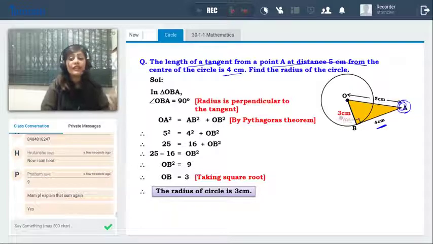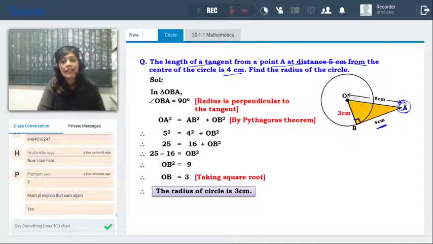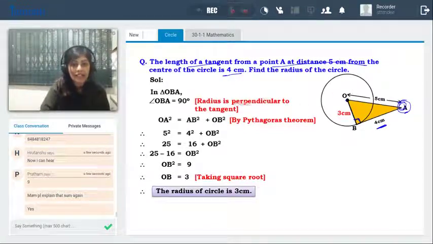First and foremost, we need to conclude what type of a triangle this is. So definitely OB is perpendicular to tangent AB. Radius OB is perpendicular to tangent AB. The first theorem we apply is this. Now, since we know this is a right angle triangle and we know two sides of the triangle, can we apply Pythagoras theorem? Yes, definitely.